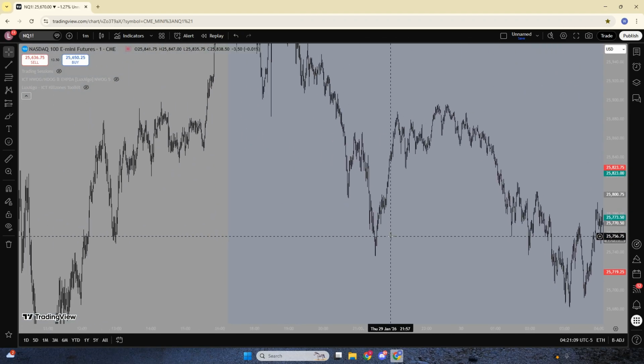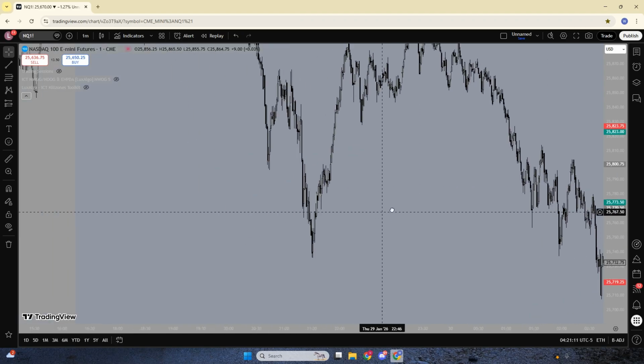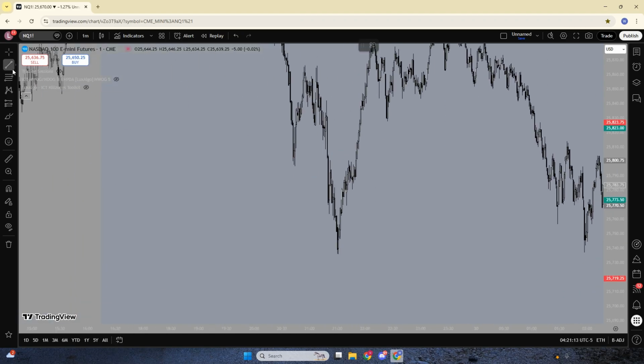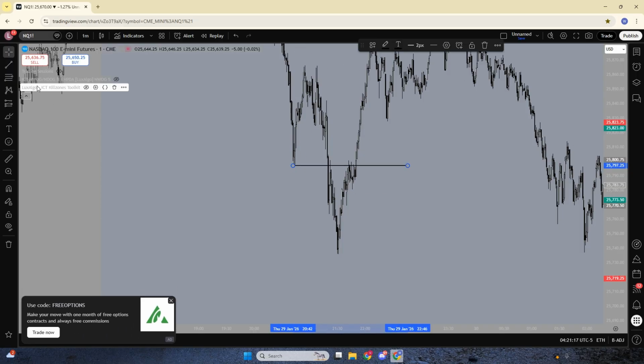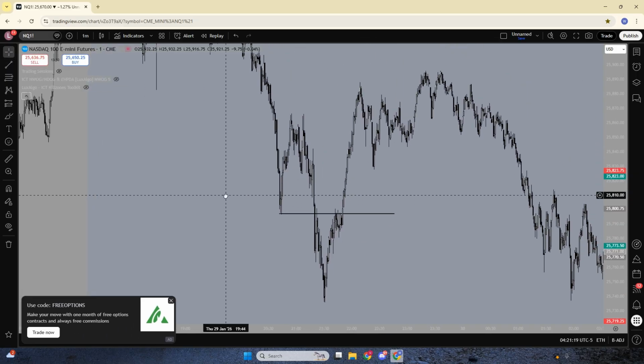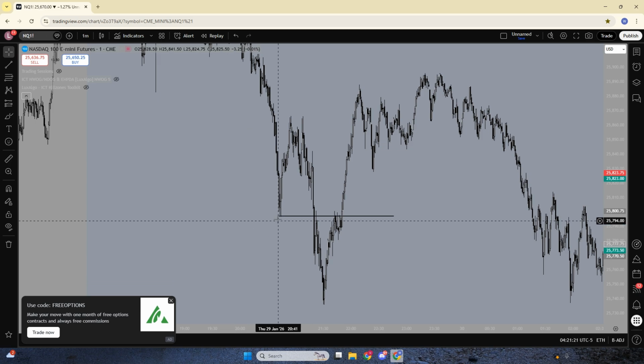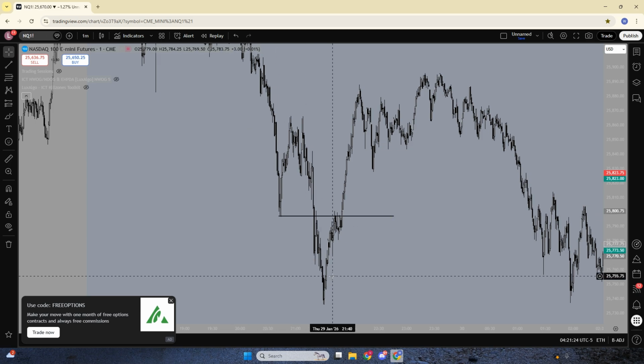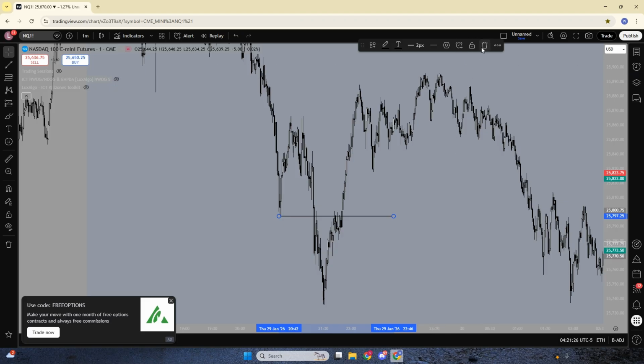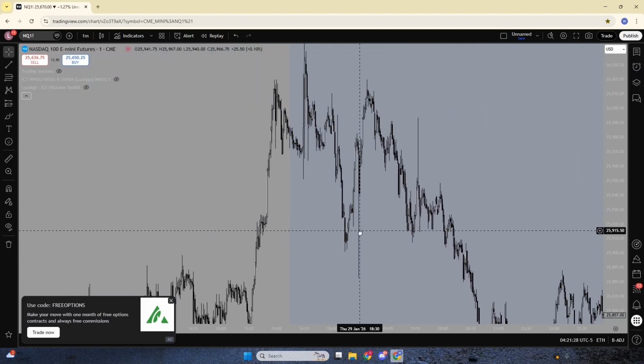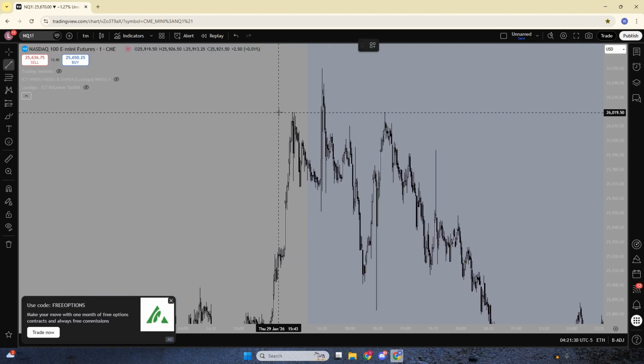Liquidity sweeps are pretty simple, right? Boom. There's another example. Liquidity sweep, rip. You can't tell me this doesn't work, man. Boom, right here.